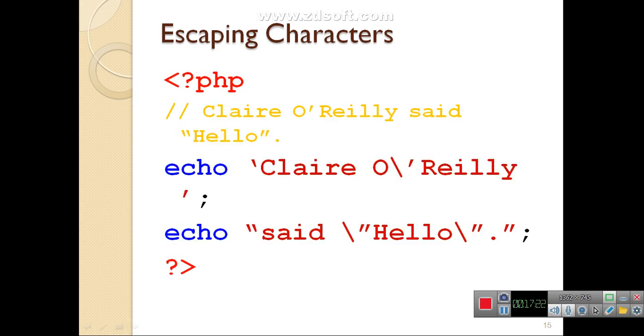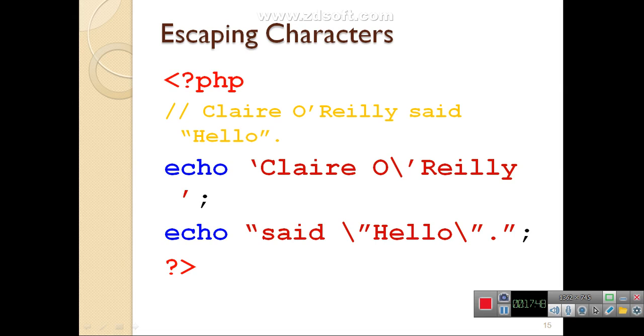This is how we write it. I want the exact output as Clear O'Reilly said "Hello", with the apostrophe and the hello in double quotes. These double quotes and apostrophes are special characters, so if you want them printed with the help of a PHP page, how do we do it? You write echo, which is for display.